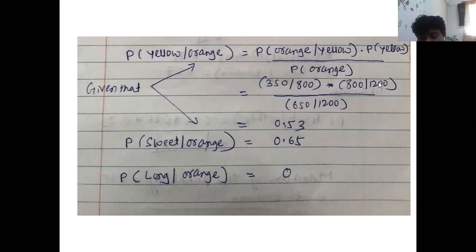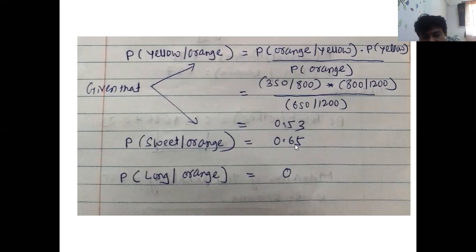Then total 1200 fruits, 800 are yellow. Total 1200 fruits, within that oranges are 650. Right? So in the same way it is computed for the probability of sweet by orange. That is the second parameter. So replace yellow with sweet.